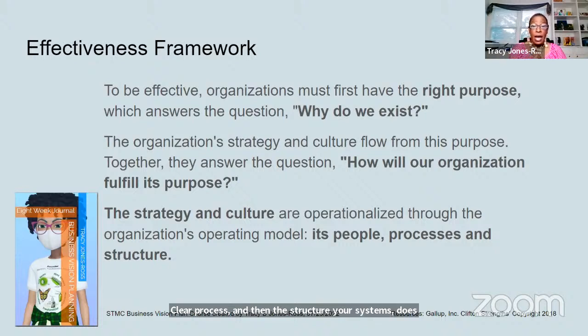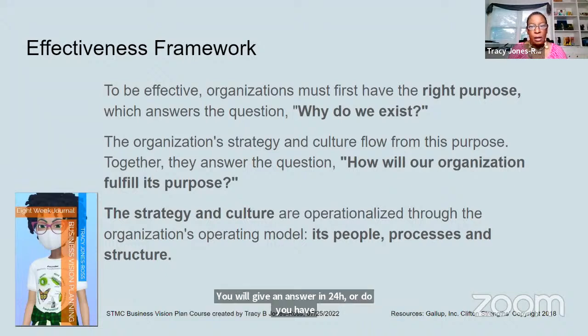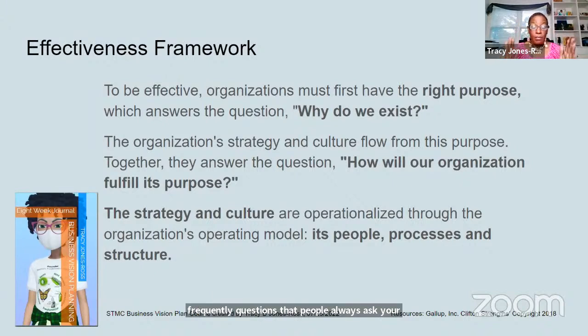Does your email automatically reply back and let them know you will give an answer in 24 hours? Or do you have frequent questions that people always ask your business that you can put in your FAQ? We're going to build a web page with your frequently asked questions on it. See how simple the systems, the process, and the people are.